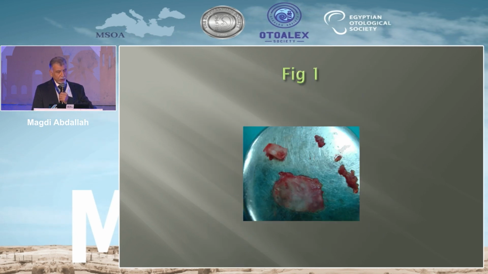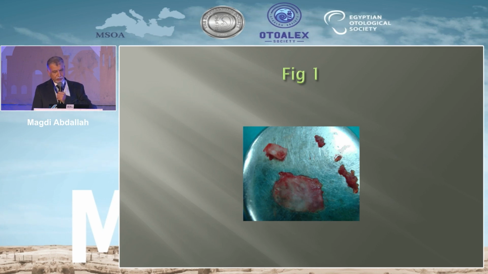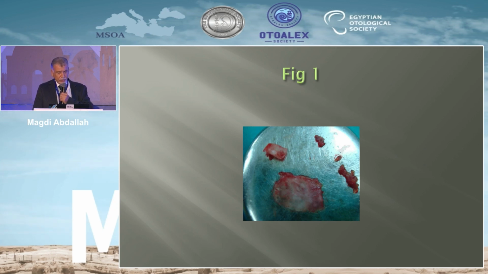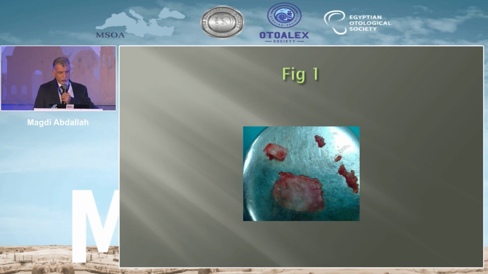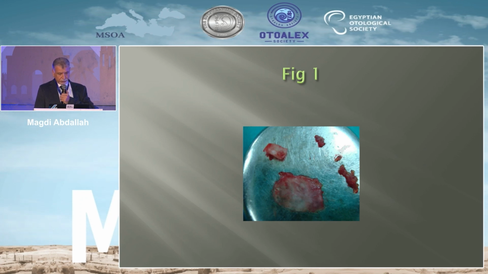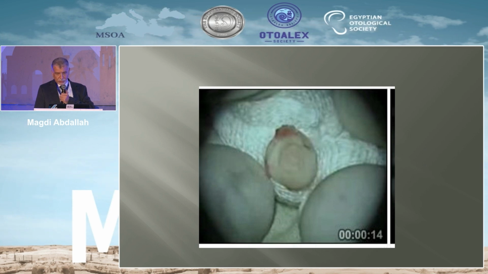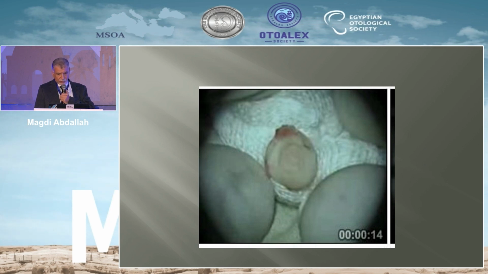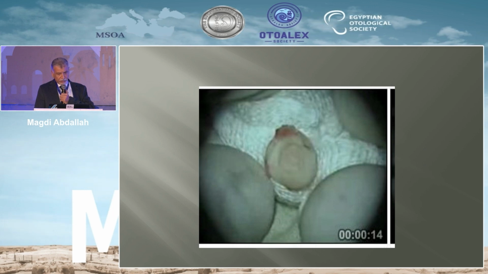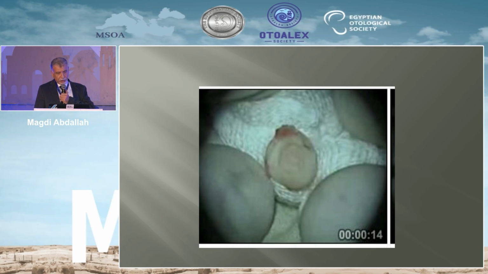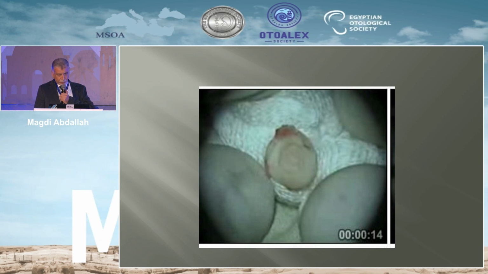The grafting material may be chondroperichondrium, as we preferred in this study, but you can use any kind of grafting material, temporalis fascia, cartilage, whichever you prefer. I want to express my deep thanks to this type of graft, the chondroperichondral graft, with peripheral chondral and central perichondrial parts.